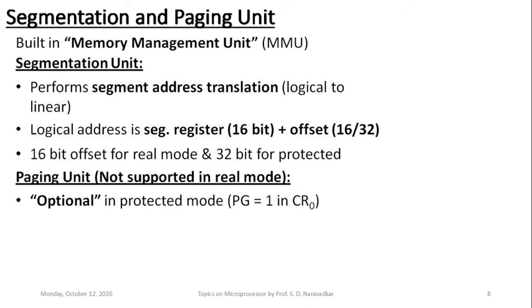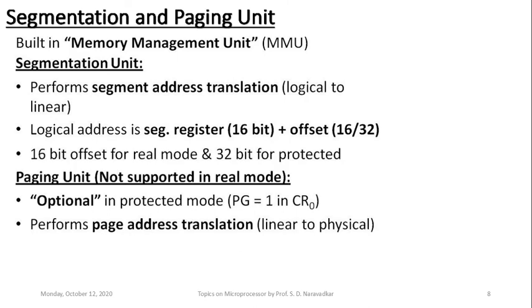It clearly means that segmentation will always be performed within memory management, but paging in real mode is not at all available, while in protected mode it is optional. The user can enable it with PG equal to 1 in CR0, or disable it with PG equal to 0 in CR0.